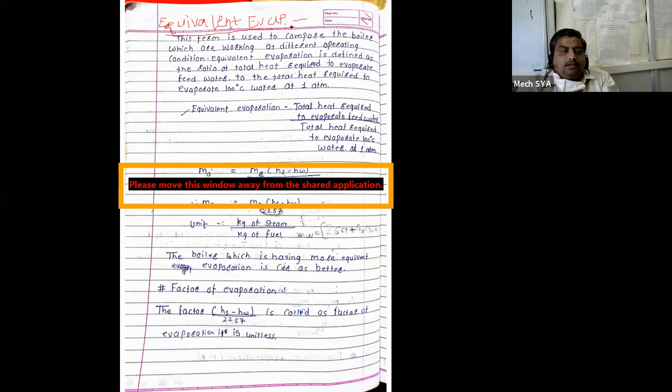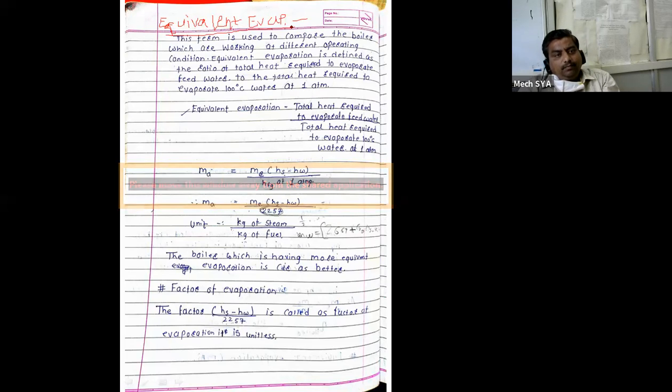Many boilers are there. One boiler is generating wet steam at one pressure, another is generating wet steam with a different dryness fraction and a different pressure.